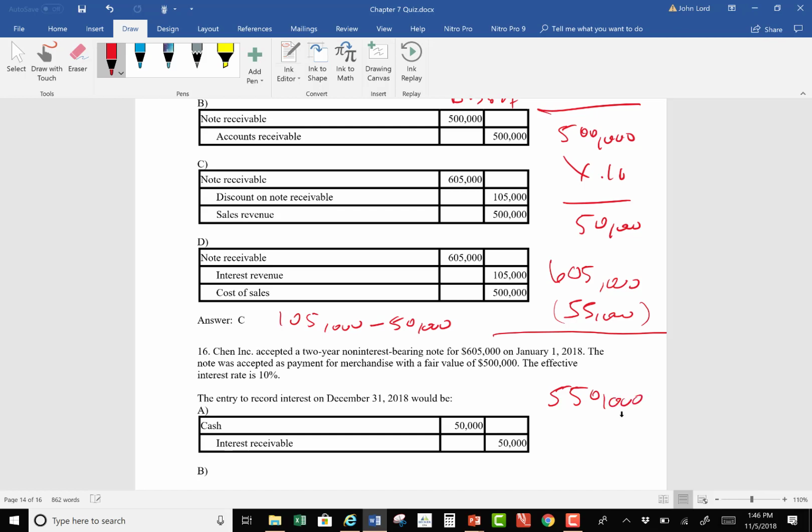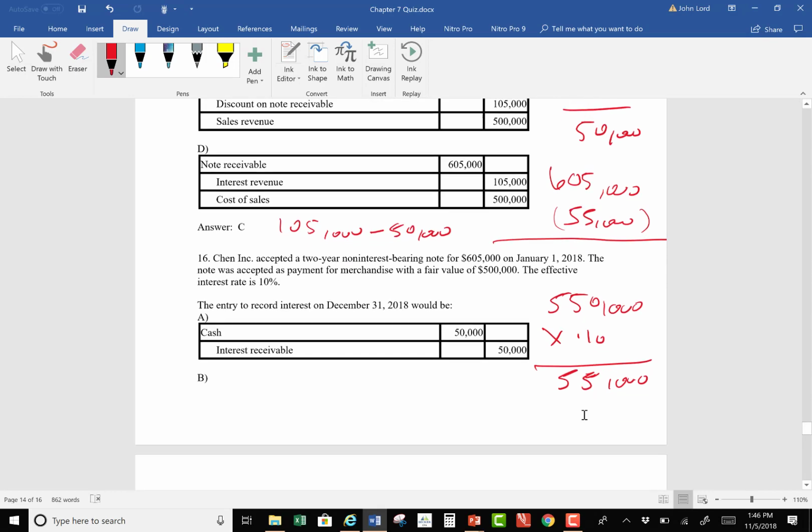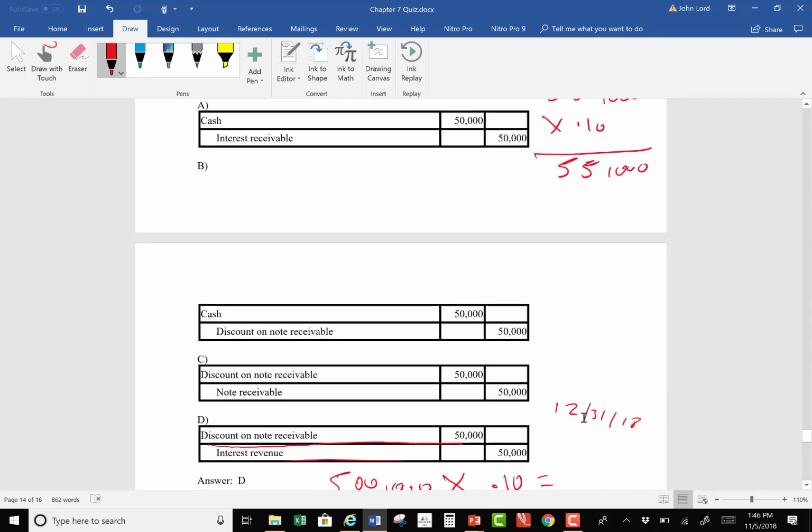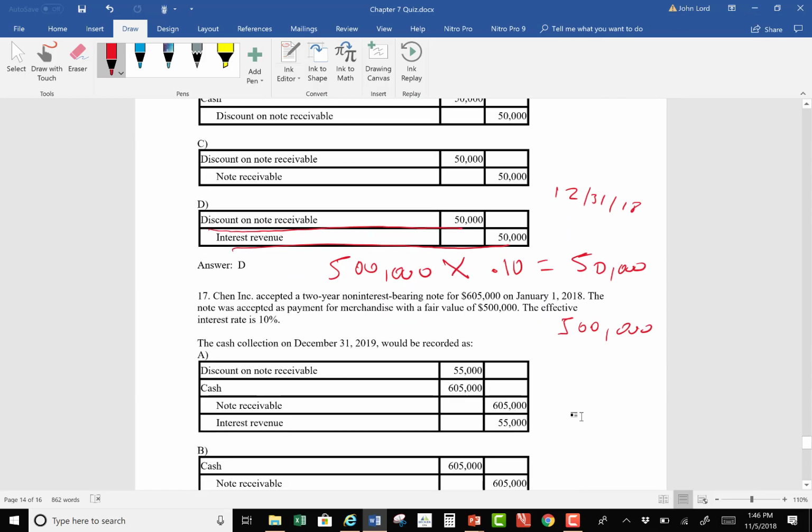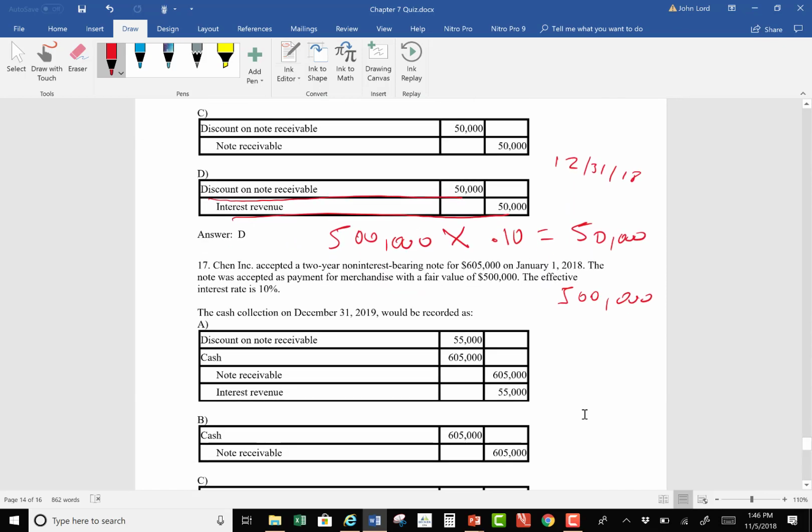550,000 times what? 10% for the second year means that our interest expense for year 2 is what? Our interest revenue, I should say, for year 2 is 55,000. Interest expense to the borrower, interest revenue to us, is 55. So when we get to 2019 now, when we actually go ahead and collect the cash, we will do what?